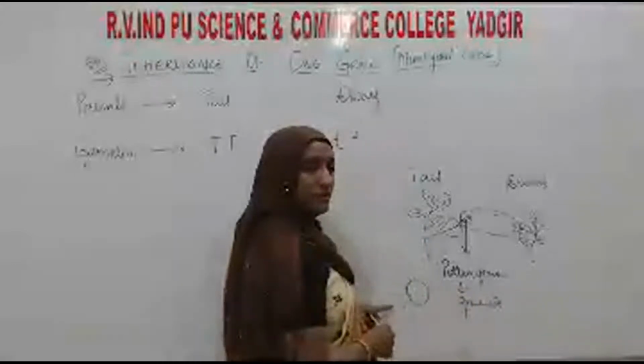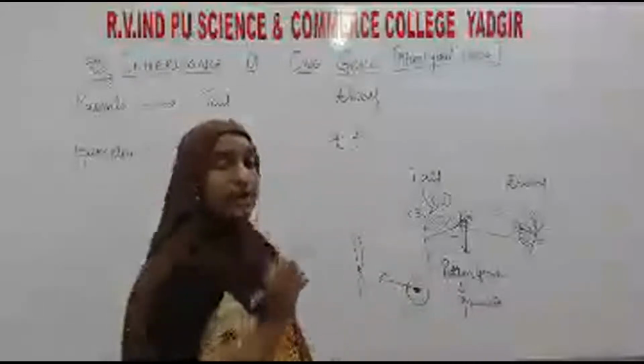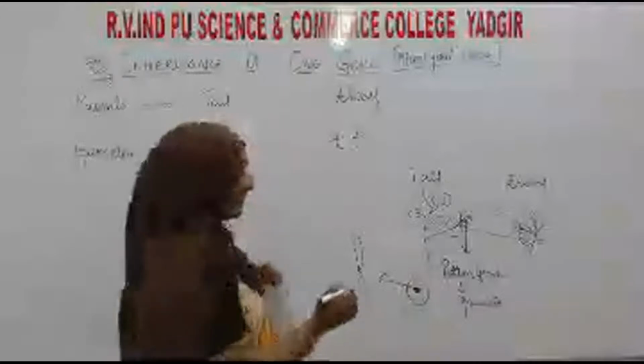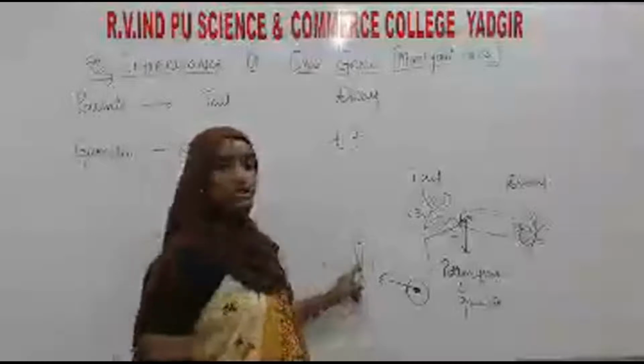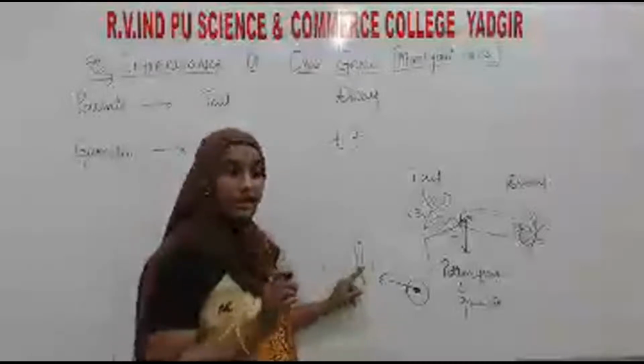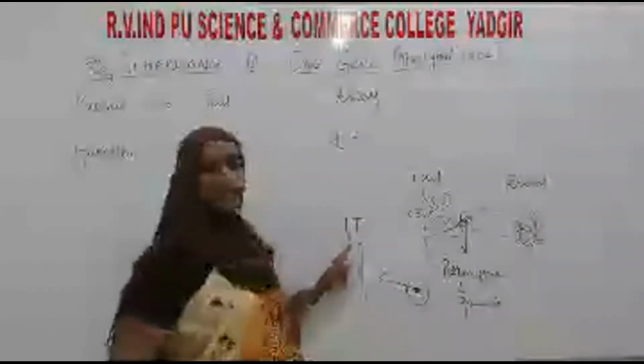This is one of the cells in which there will be the presence of a nucleus. In that nucleus, there will be the presence of chromosomes. In that chromosome, for a particular character, there will be the presence of what? Allele. One pair of genes. That's why they are writing 2 times as the capital T and capital T.